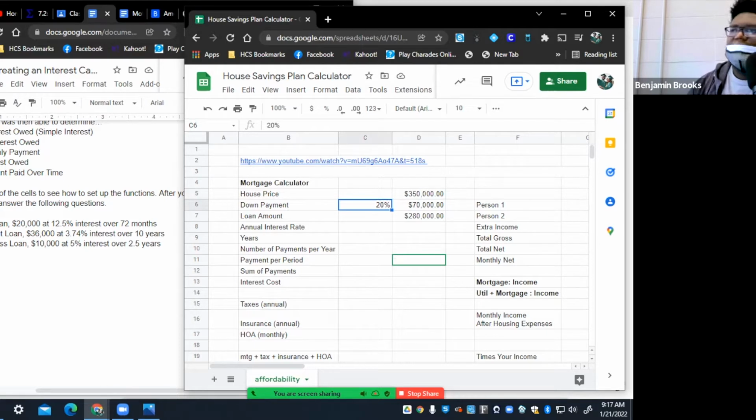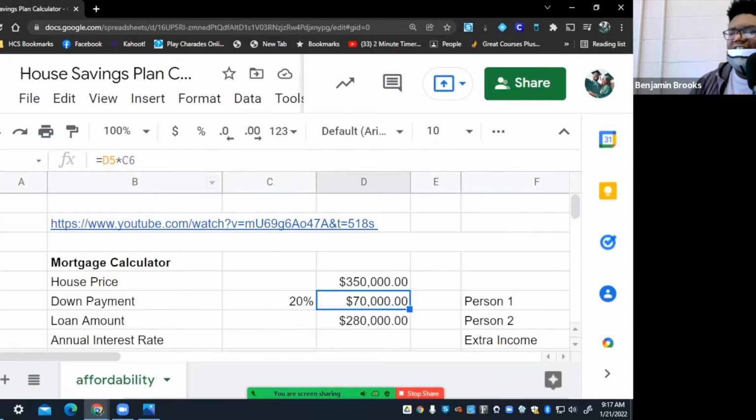That's all I've done. D5 times C6, and use times with that asterisk. But you can see this is what it yields. For example, if I change this to 150,000, it'll automatically update that.